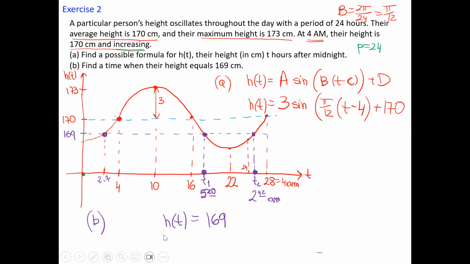The same thing, 2:42 a.m., because it's a 24 hour difference.